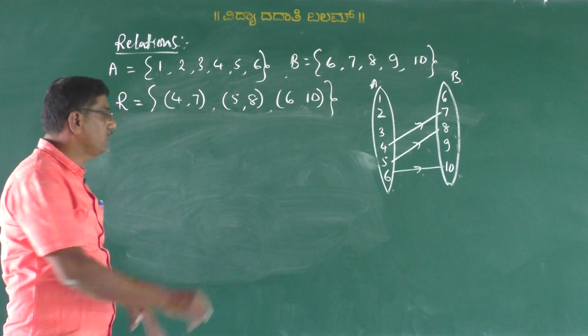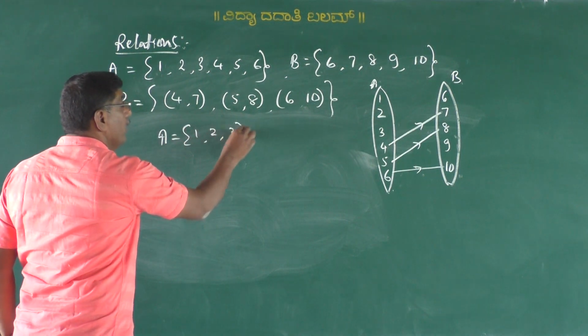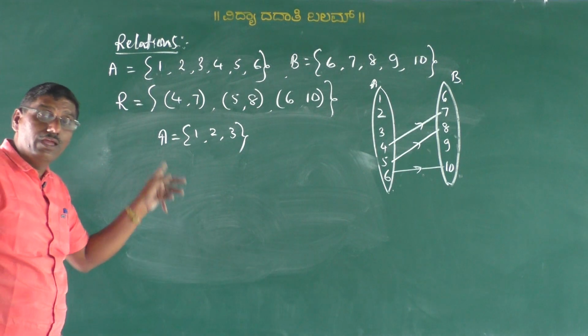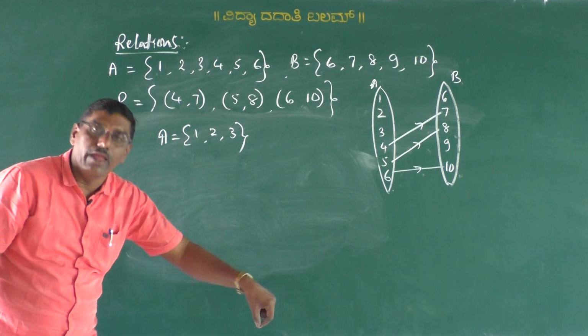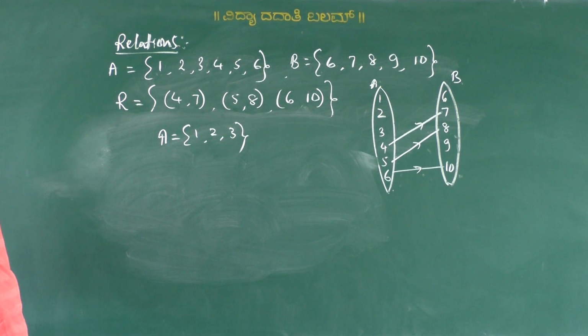If I consider A as the set 1, 2, 3, we can define a relation on A itself. That is also what we call one type of relation, my dear student. That is the stated relation on A.